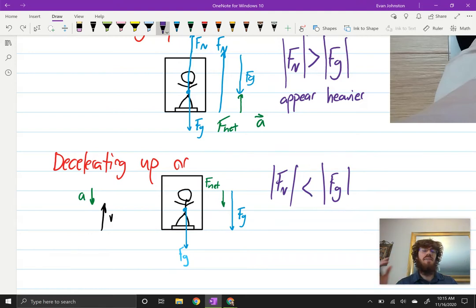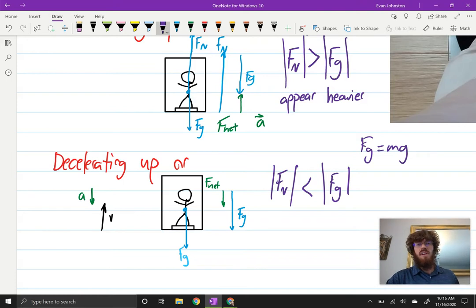Because again, my actual mass has not changed. And the force of gravity is just m times g. So my mass hasn't changed. Gravity has not changed on Earth. But my normal force absolutely must change. And so this tells me that now my normal force is just going to be this big.